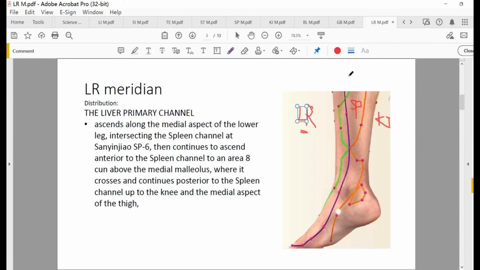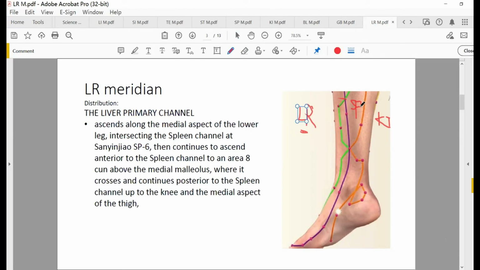Okay, so the questions could ask you like below this point, what's the sequence of the liver, spleen, and the kidney meridian? Right, sequence from anterior to the posterior will be liver, spleen, kidney. Below this point.